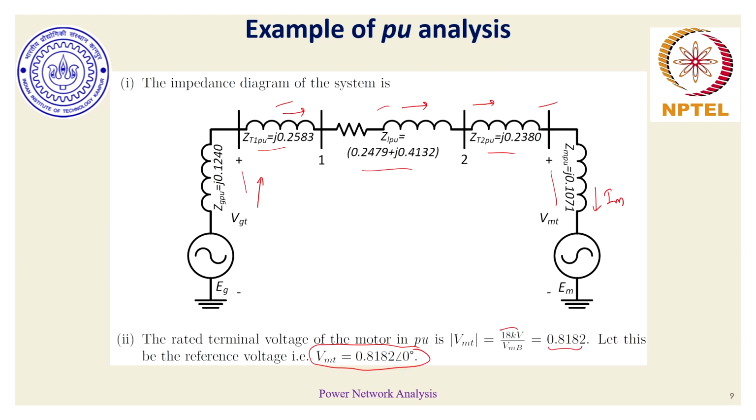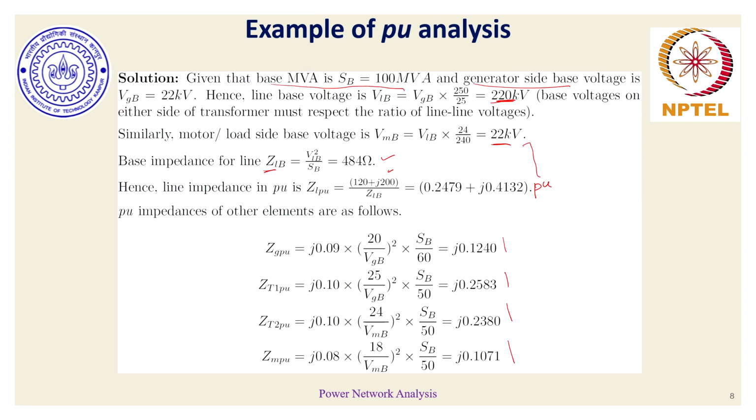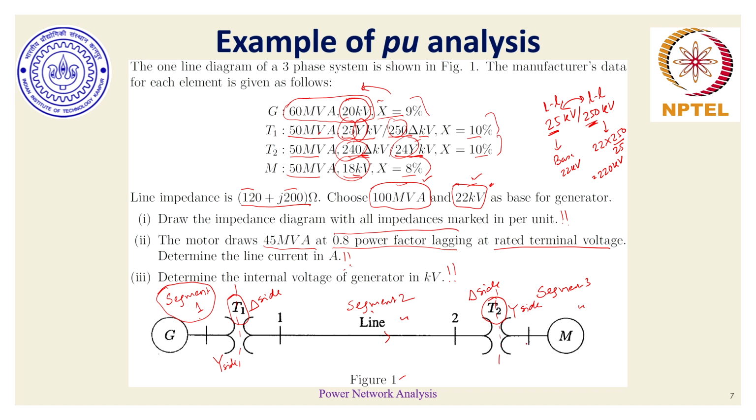If we look at the circuit diagram again, the motor side was star connected and the generator side is also star connected. So if there is a phase shift of minus 30 happening in the current, then the same quantity, when it has been again transformed from delta to star side, will again have a phase shift of plus 30 degree.